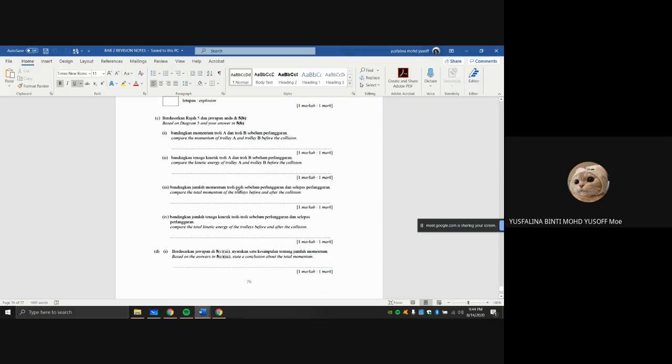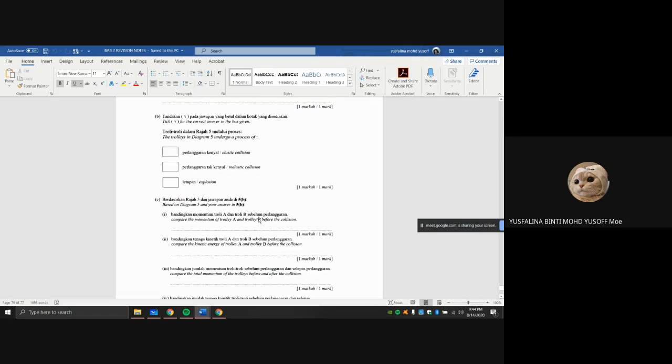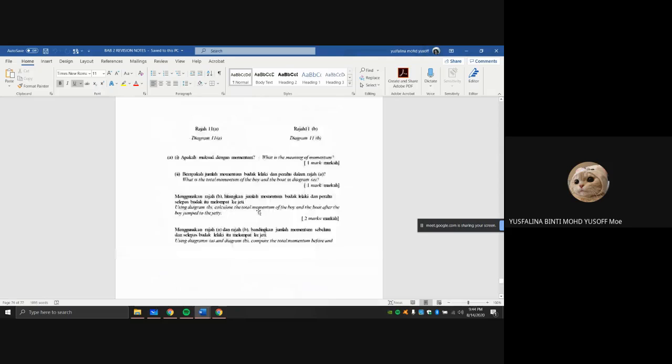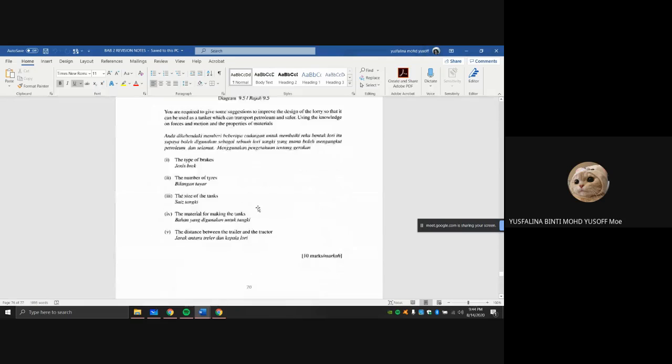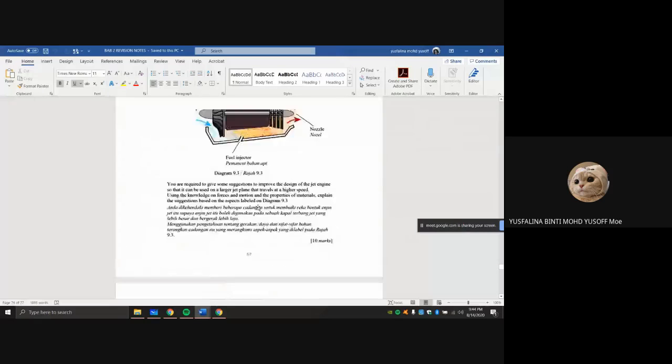Okay, and then the next one is compare the total kinetic energy of the trolleys before and after the collision. Okay, so we already did the question about the velocity, and you have to add the total momentum.